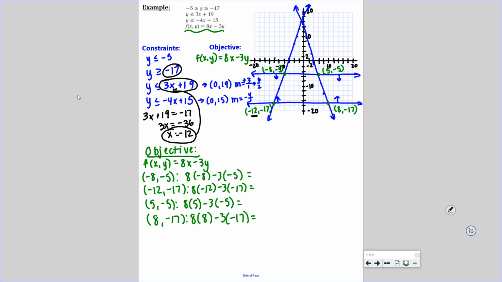Negative is negative. And it's 8 times negative 5. That's negative 3. It's negative 3. This one would be positive. Oh, wait. What did I do? Oh, I did negative 5. Negative 5 is the y.